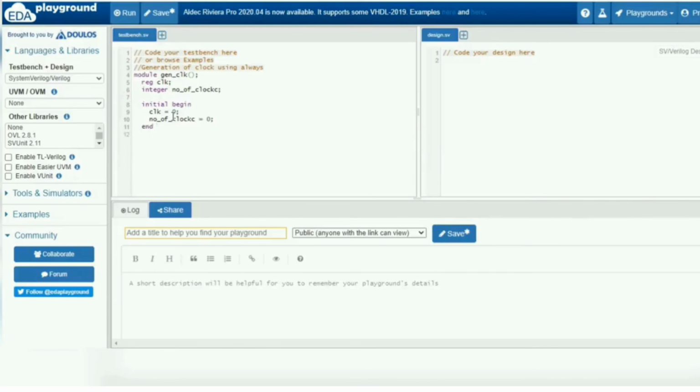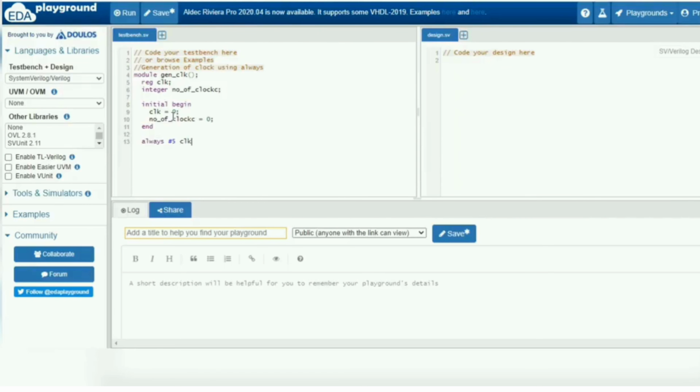When we are using multiple statements within procedural blocks, we have to include begin and end. Next, always block. Here I am taking the clock period as 10 time units, so each clock must have 10 time units. That means half clock will have 5 time units. I am taking the delay of 5 time units.